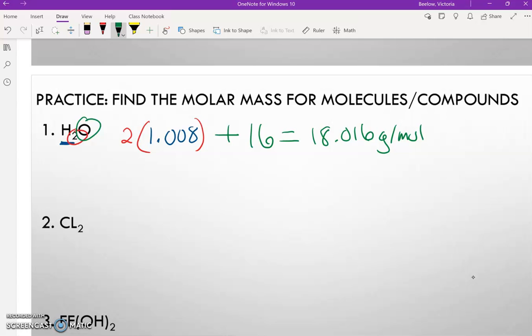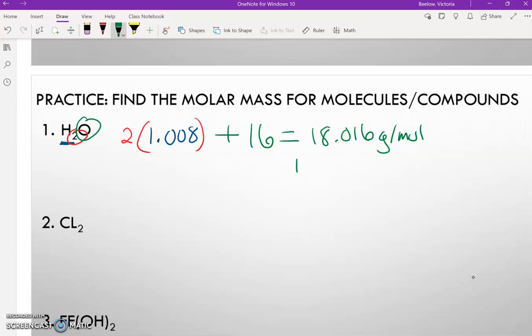So if I actually weighed out 18 grams of water, which is the same as saying 18 milliliters of water, because the density of water is 1 gram per milliliter. If you had a graduated cylinder and filled it up with 18 milliliters of water, and weighed it, it would be 18 grams of water, you would actually know how many molecules of water are in that, because this is the molar mass.